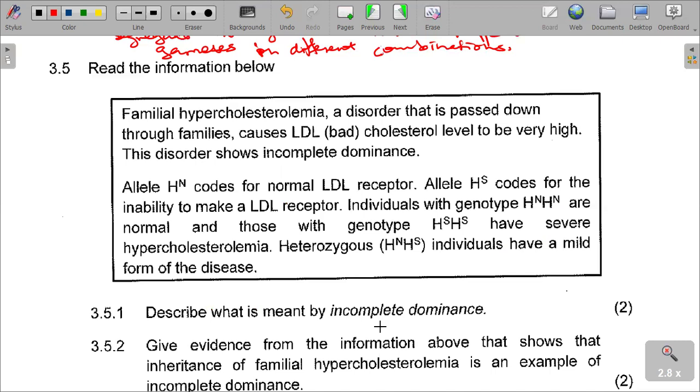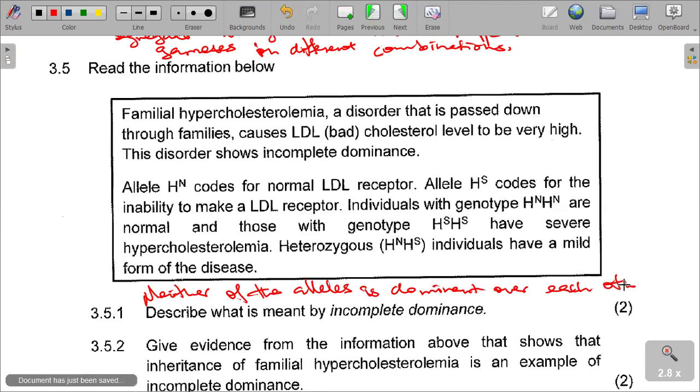It actually means that neither of the alleles is dominant over the other.